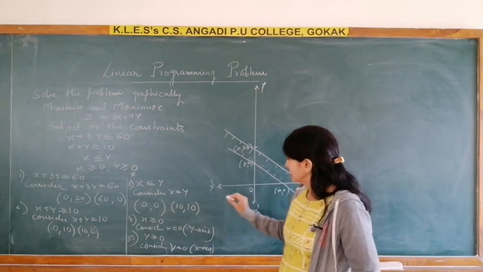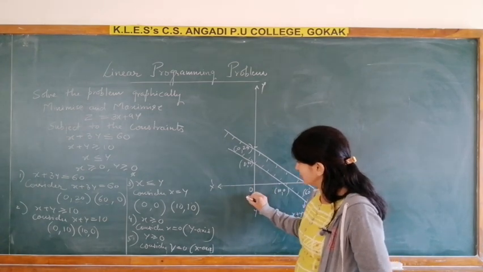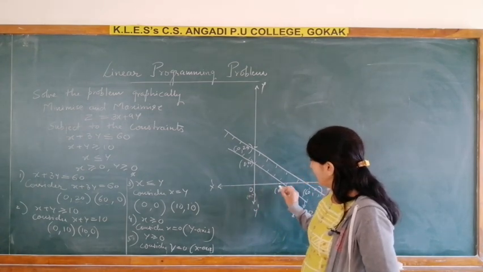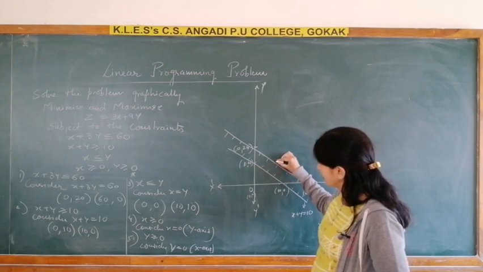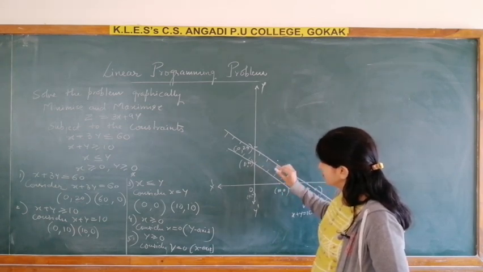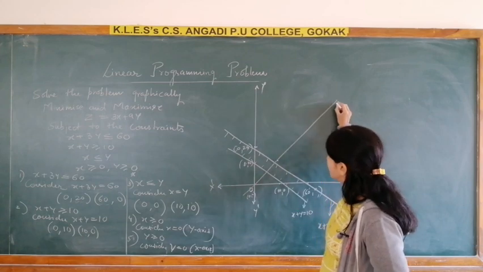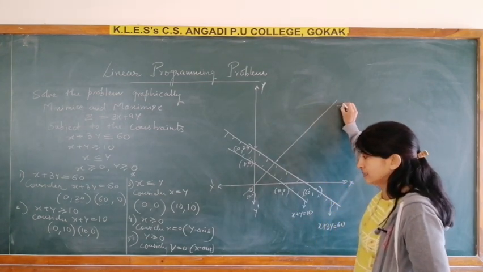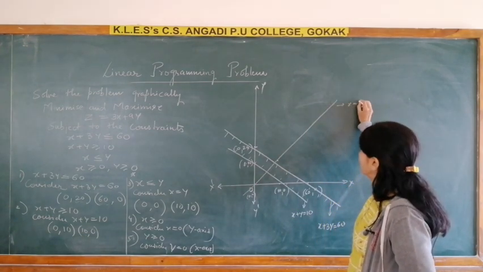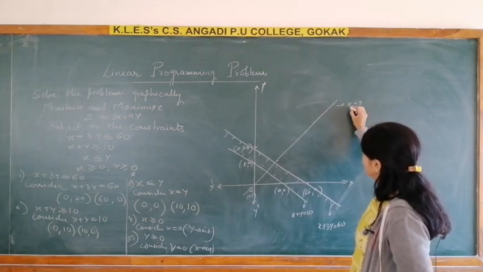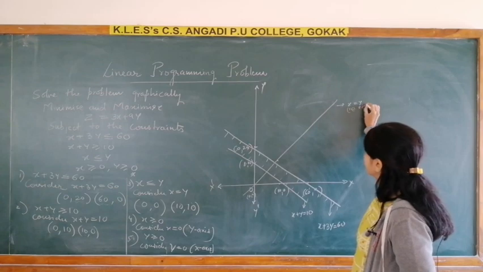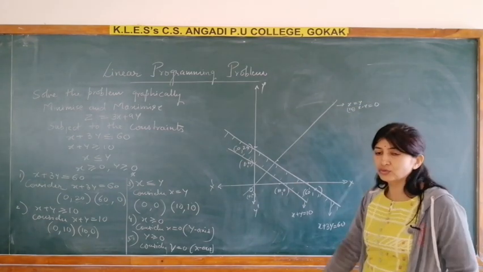Third one, 0 comma 0, this is the origin, and 10 comma 10, you will get somewhere here. So we get a line, that is x is equal to y, or we can write x minus y is equal to 0.